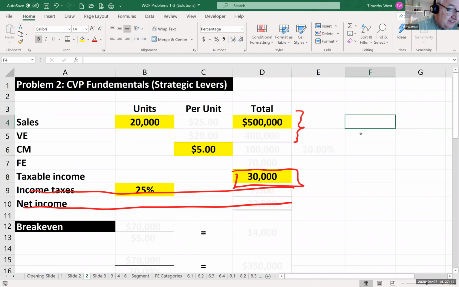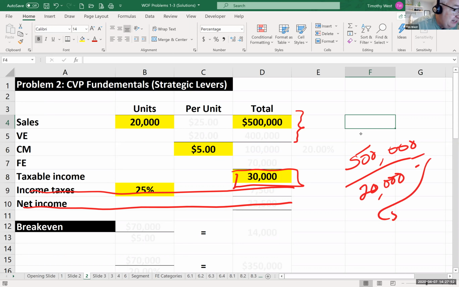So if I take that 500,000 and divide it by that 20,000, I know that I get $25 for a sale price. Again, don't forget, this is sale price, not to be confused with variable expenses per unit, okay? So make sure you remember that.